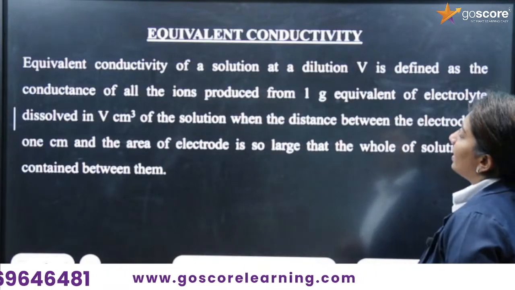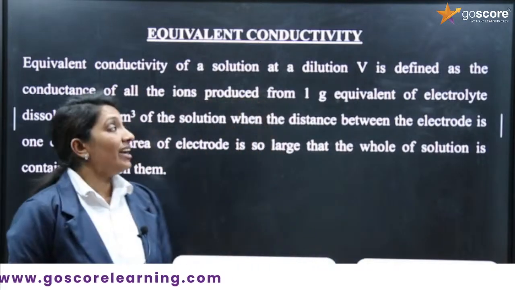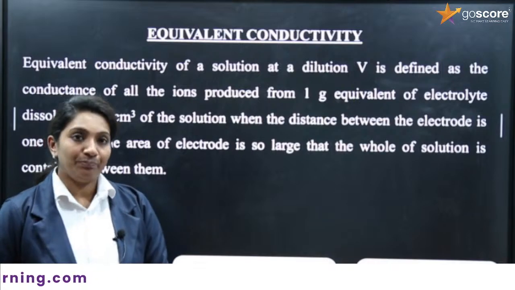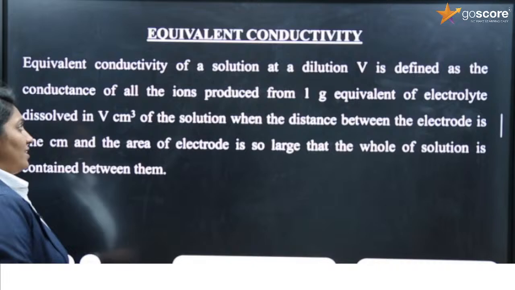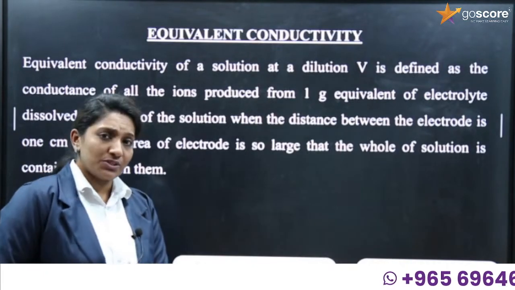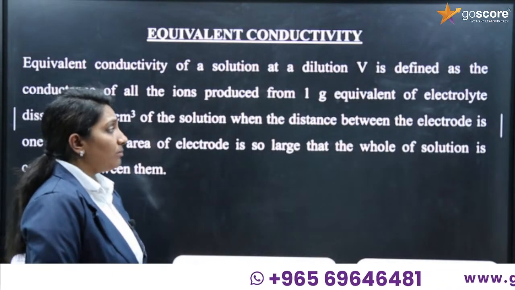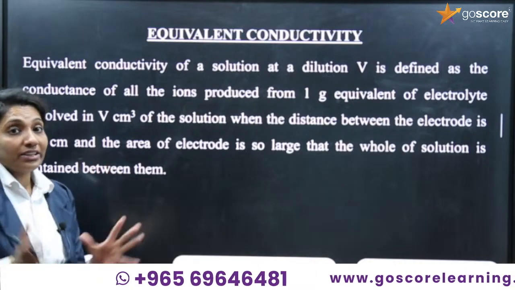Now we want to learn two more terms, the equivalent conductivity and molar conductivity. The equivalent conductivity of a solution which we have diluted to V volume is defined as the conductance of all the ions.